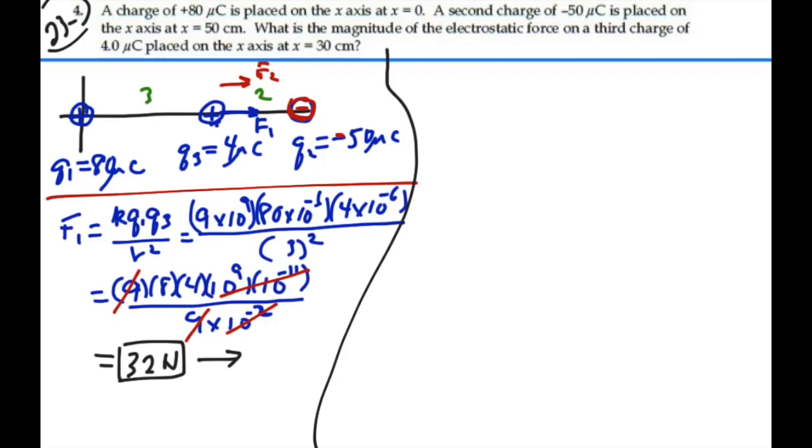Okay, so force 2 is going to be equal to K Q3 times Q2 over the distance between them squared, and that's going to be 9 times 10 to the 9 times 4 microcoulombs and times 50 microcoulombs.